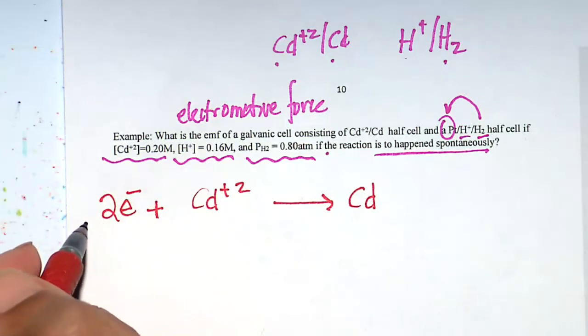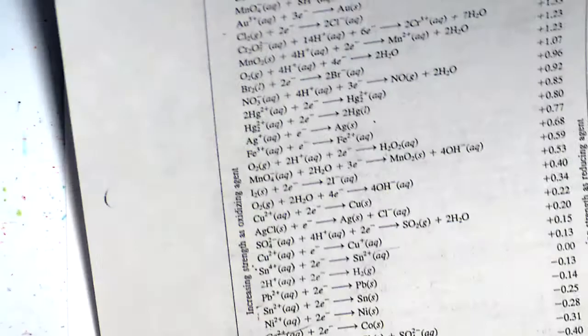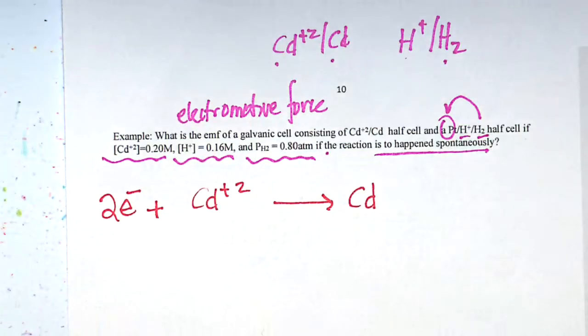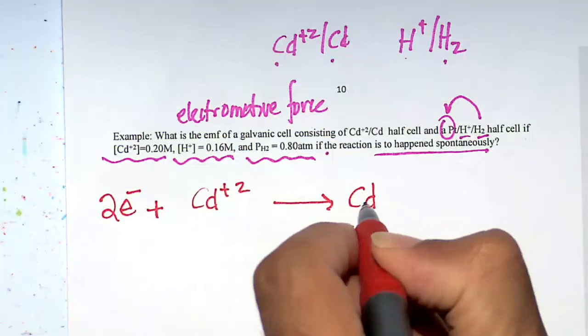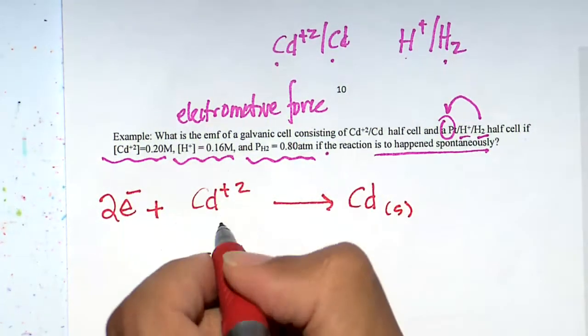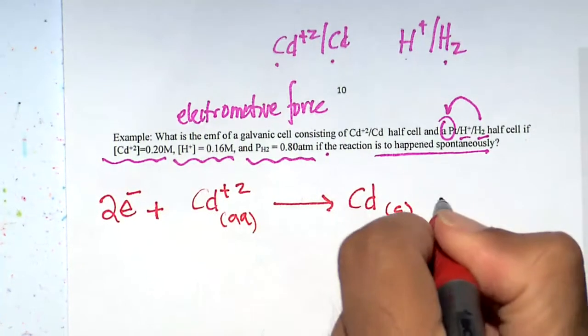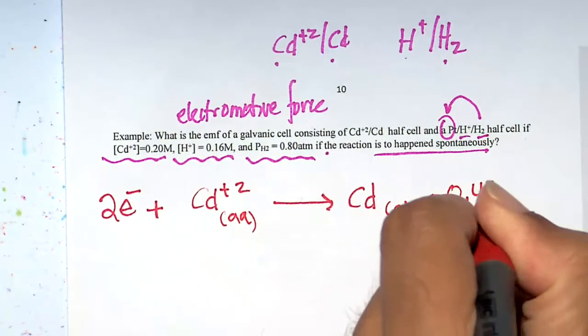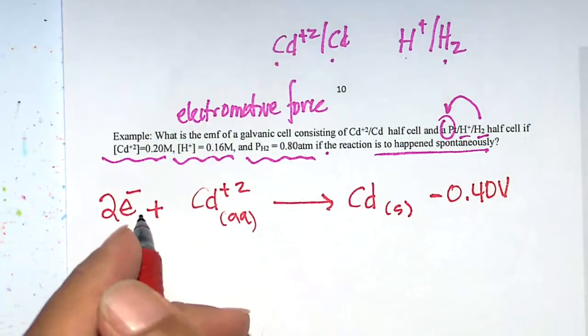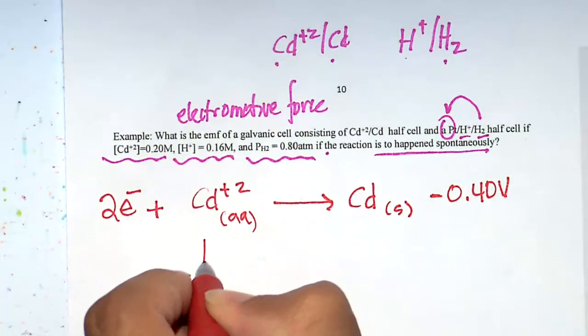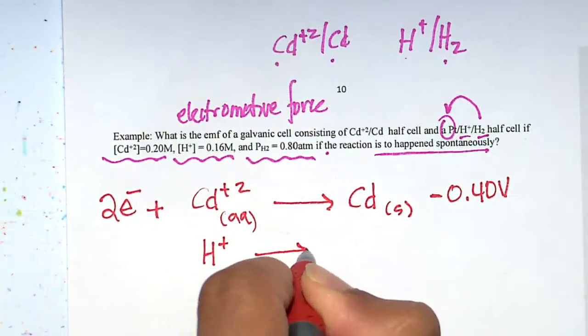And what is that on our table? Negative 0.4 is right. Okay, this is a solid. And then we have H plus going to H2 gas.